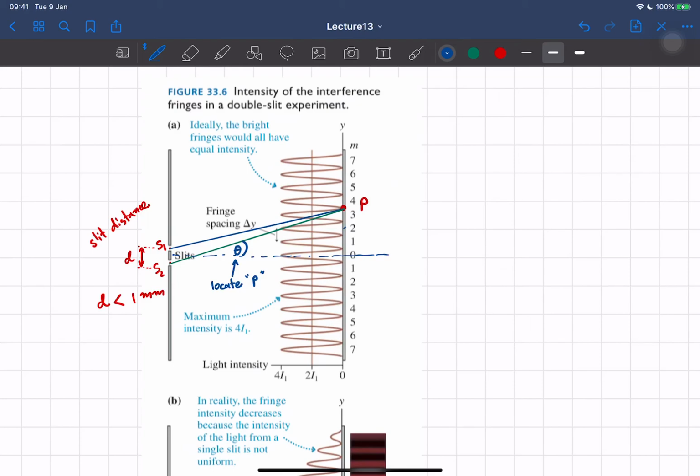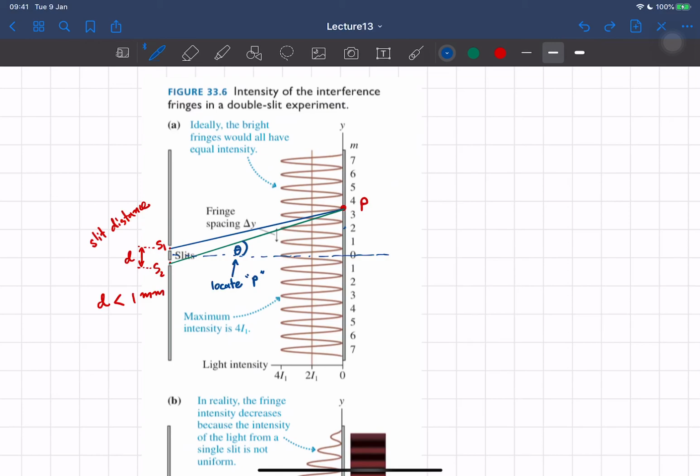So what do we do? At one particular point P here, once you decide where P is, you can write down what the angle is. You can measure it. Maybe it's 1 degree here. If P is further up, then this might be 2 degrees or something like that. No matter what P is, you can write down this angle.